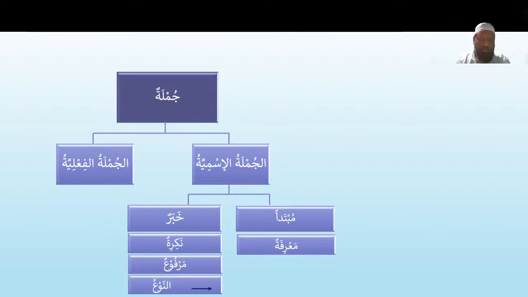In terms of an-naw', khabar has to agree with the mubtada, and in terms of al-adad, khabar has to agree with the mubtada. And also the i'rab of mubtada is also marfu'. So this is the basic rule for al-jumlatul ismiyatu.